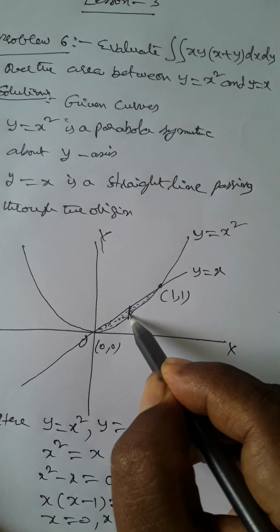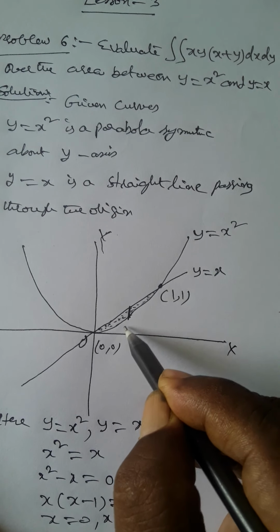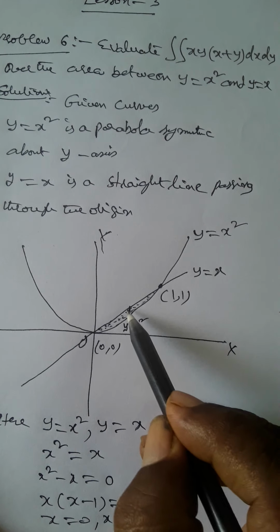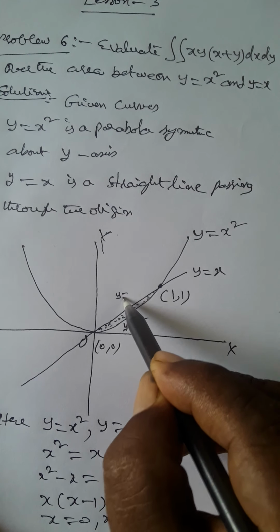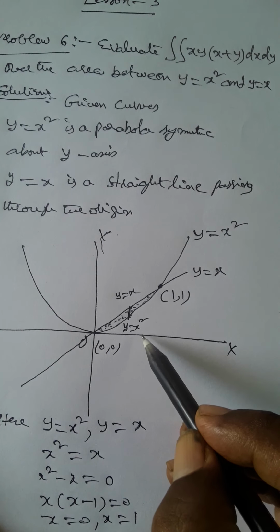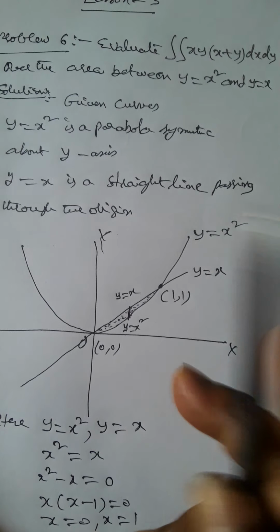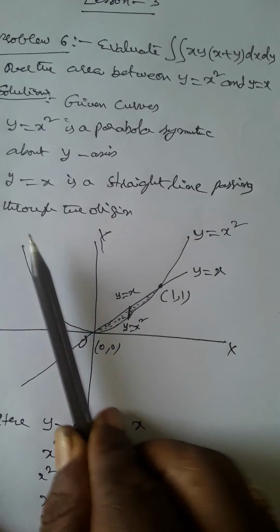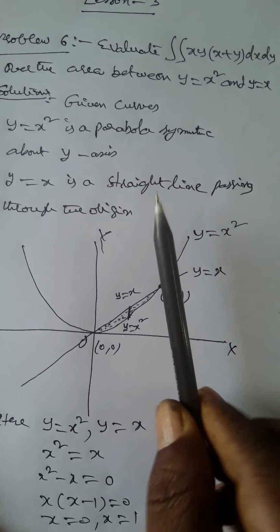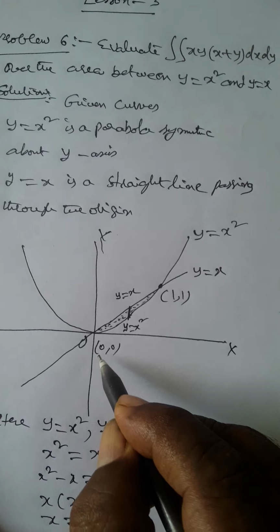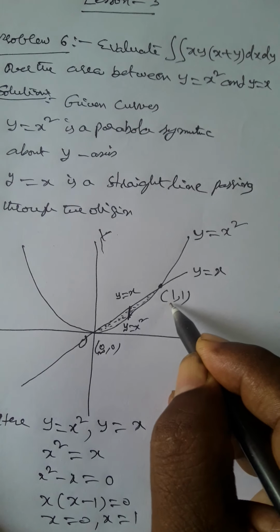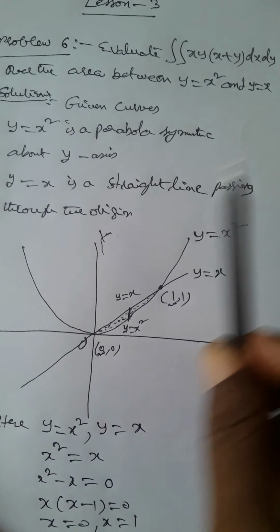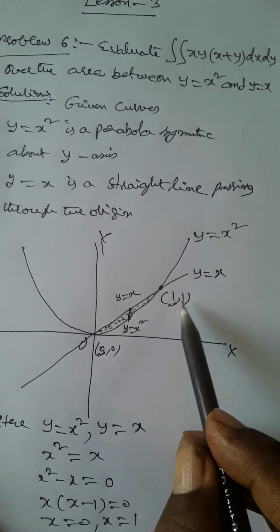Suppose we take the elementary strip parallel to y-axis. Here the y value on the parabola is x square. On the line, the y value is x. So y limits are x square to x. Moving the strip to cover the dotted region, the limits of x are 0 to 1.